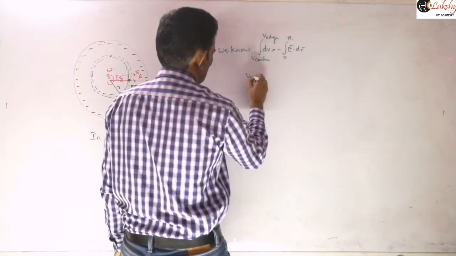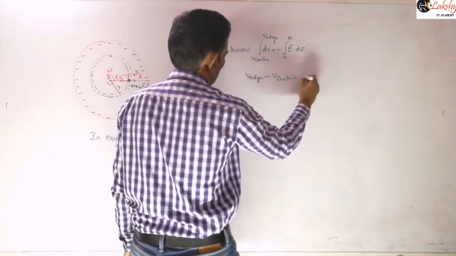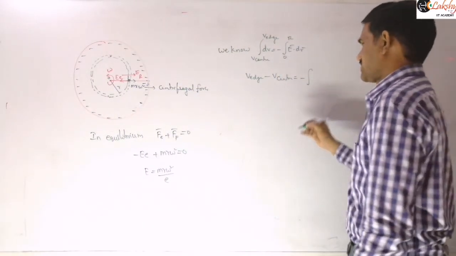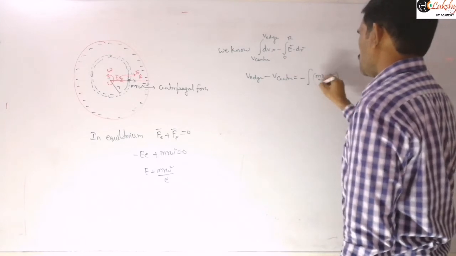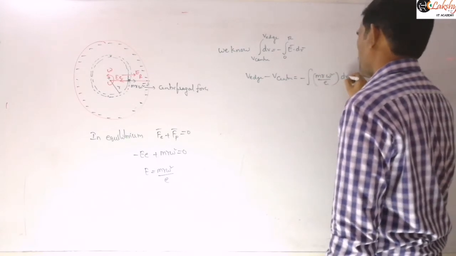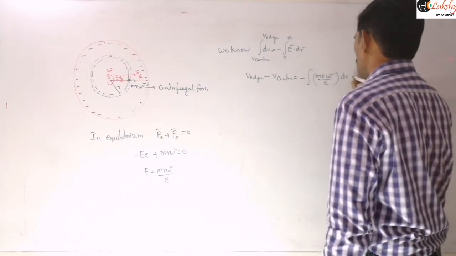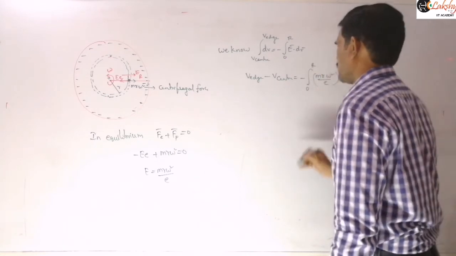So this is the potential of the edge minus the potential of the center. So minus of the integral of, now you can substitute the expression for E here, m r omega square by e into dr. The angle between those two terms will be 0, like it is cos 0. So this is from 0 to capital R.